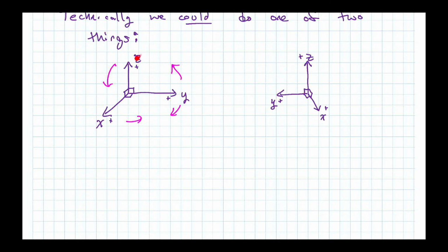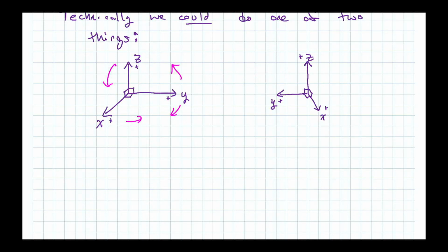If z is pointing up, which it is here and here, then here we have the positive y-axis on the left and the positive x-axis on the right, and here we have it the other way around, positive x-axis on the left and positive y-axis on the right. So going left to right, here it's xy, and here it's yx. And that makes these two things fundamentally different.